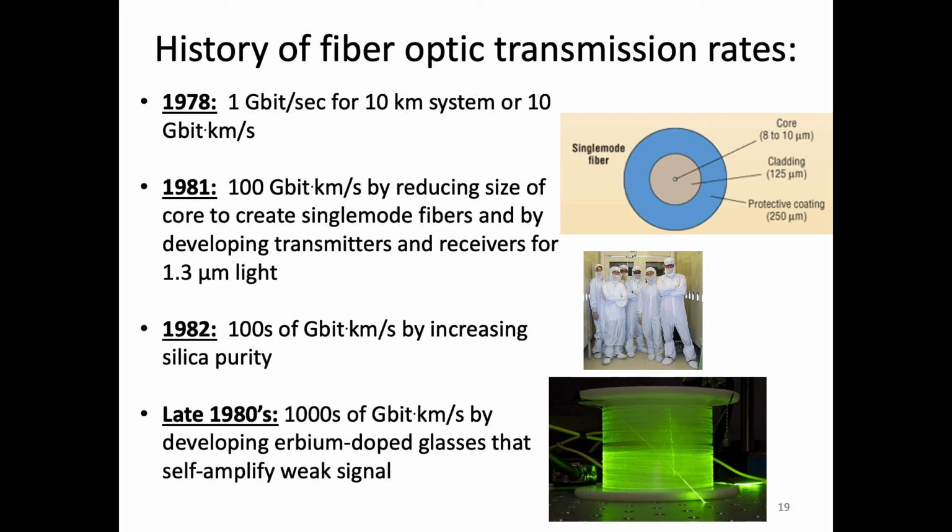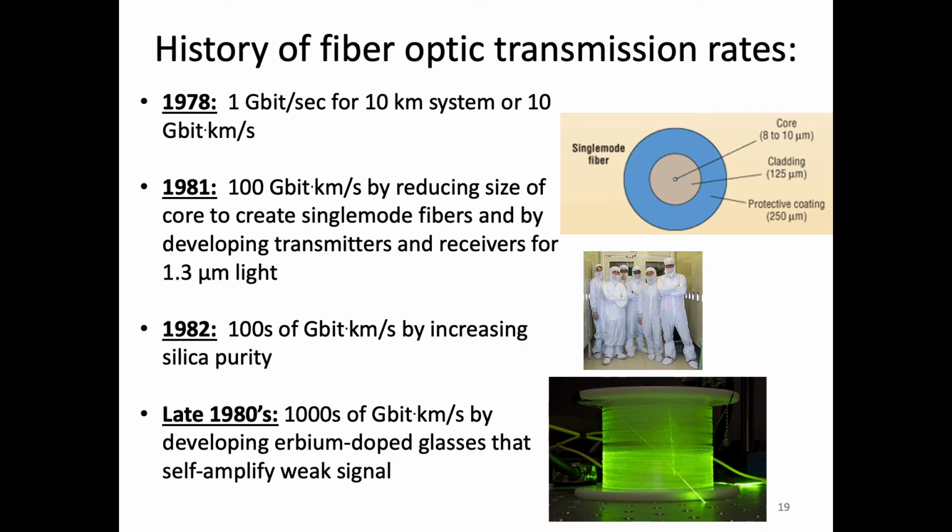Then 3 years later, that jumps up an order of magnitude to 100 kilometer per second. And we did that by reducing the size of the core when we had single mode fibers, and also having different transmitters and receivers so that we could use 1.3 micron light, again trying to optimize the wavelength of the light for the system.